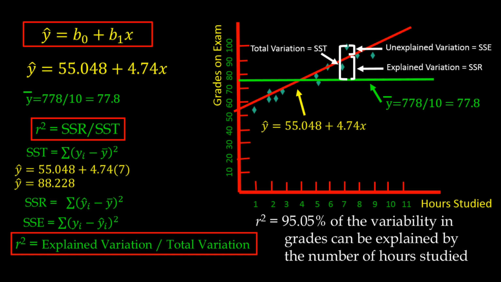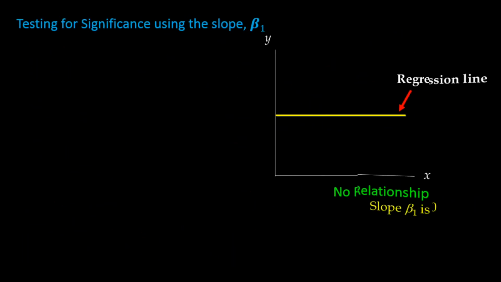What that means here is that the line of regression, the y hat line, explains 95% of the variation in grades from the mean, but around 5% of the variation is unexplained by the line of regression, and that would be SSE.